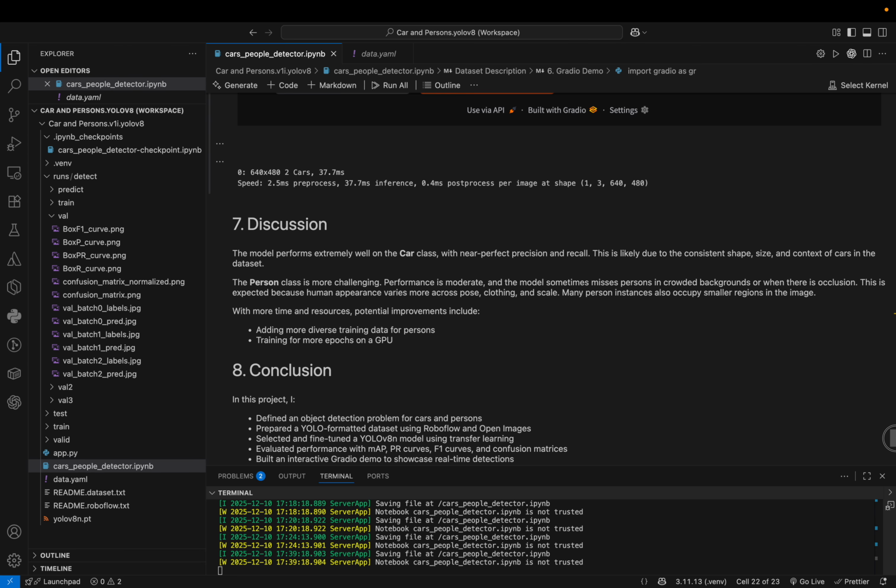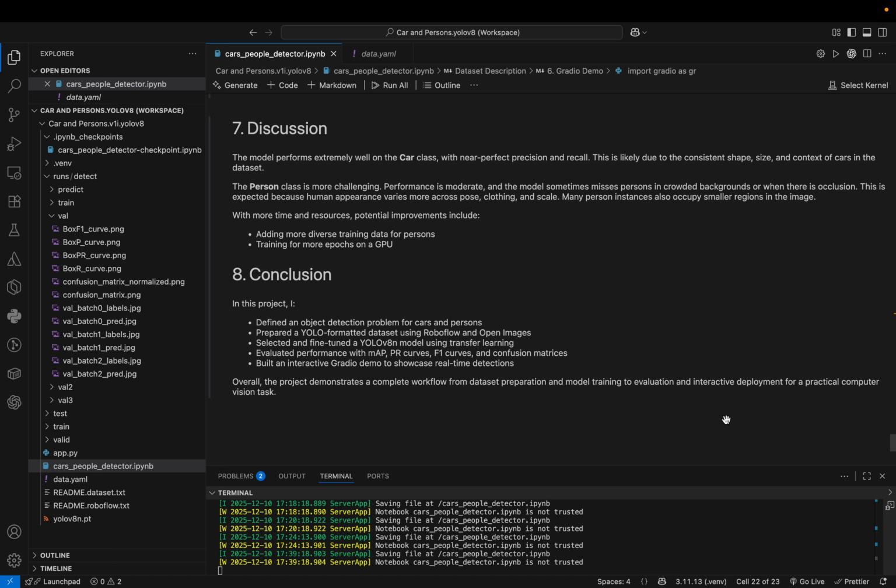This model performs extremely well on the car class, but it does moderately or averagely on humans, because the human appearance varies and the clothing and the scale of the images were smaller in some images.